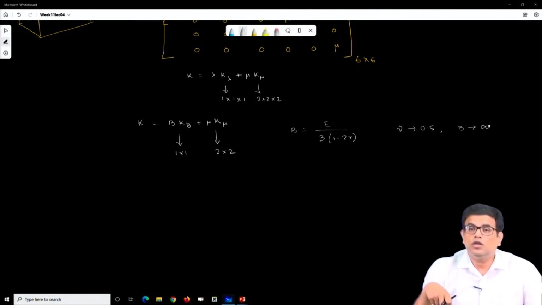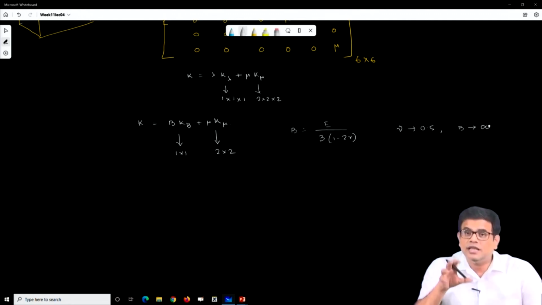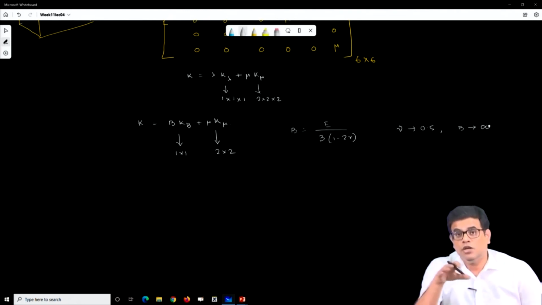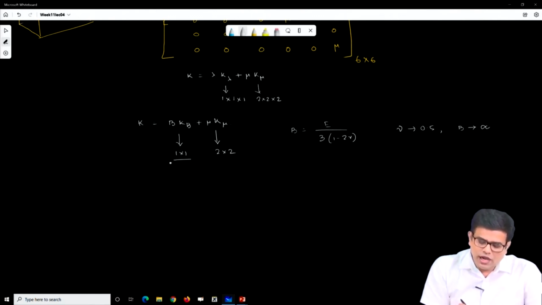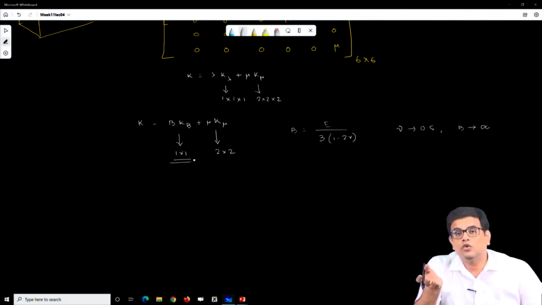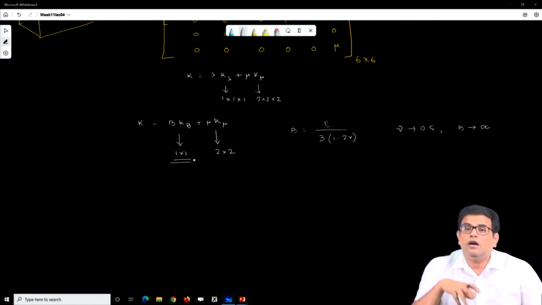So if nu is close to 0.5 and the bulk modulus is very high, then this will act as a penalty parameter, penalizing the stiffness matrix, so that the volumetric deformation goes to 0. To avoid that, we can use the 1 cross 1 rule to suppress that mode, and then the shear or the deviatoric part we can integrate fully with the 2 cross 2 rule and get the solution.